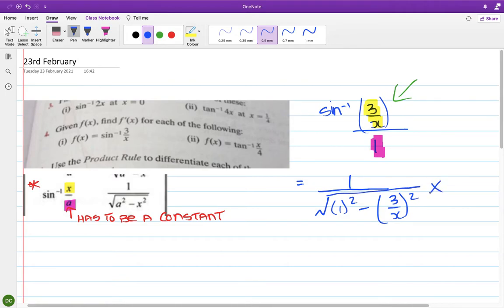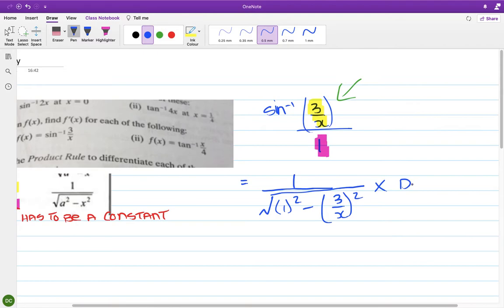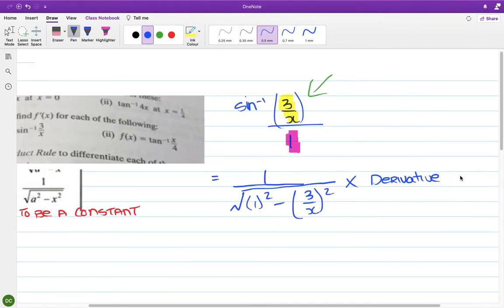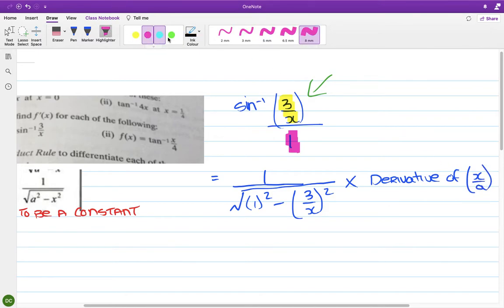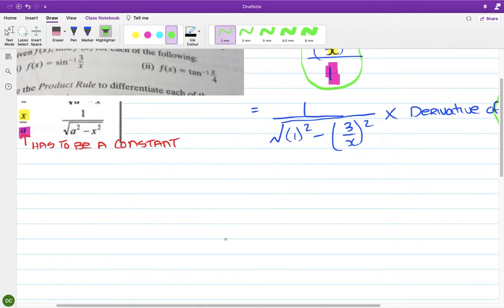Okay, but then you have to multiply by the derivative of whatever x over a is. Right, which in our case is this. Right?